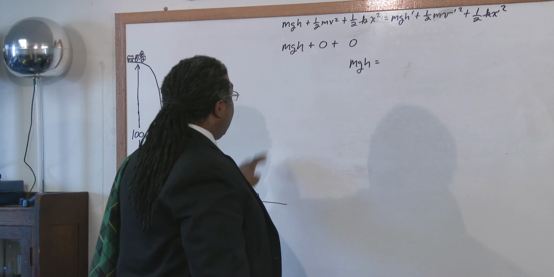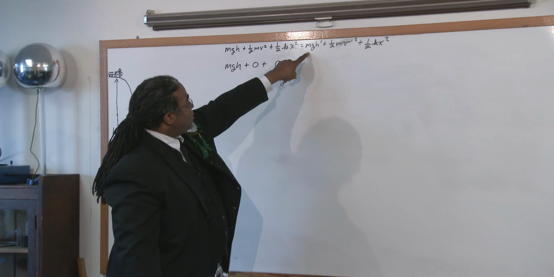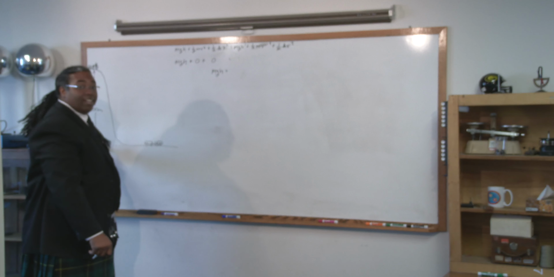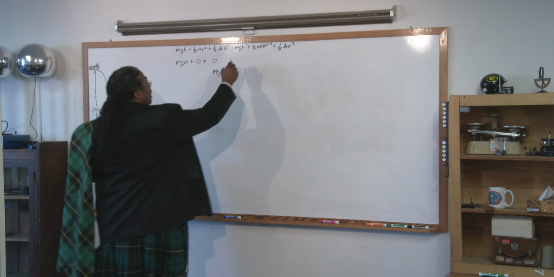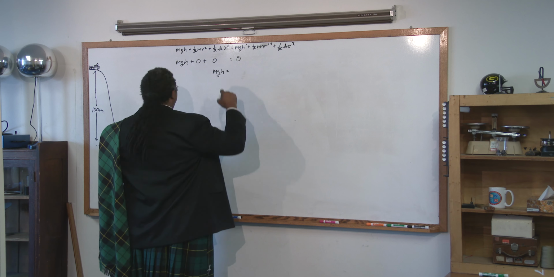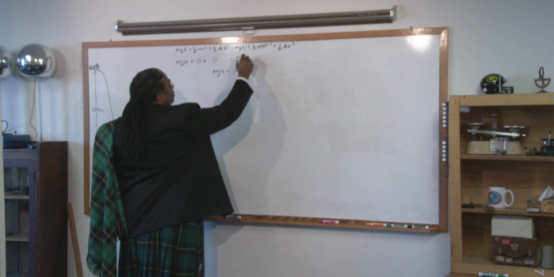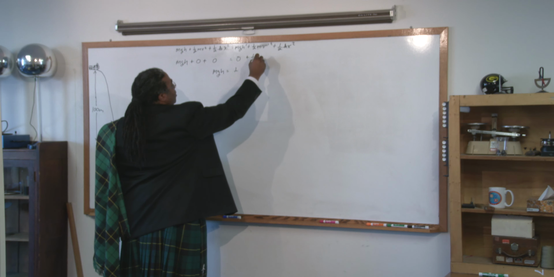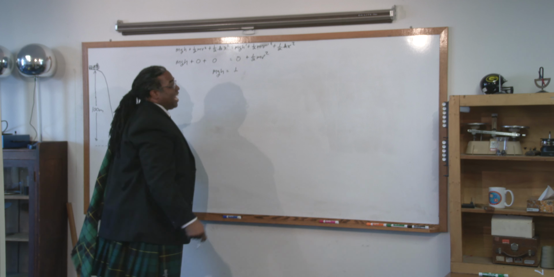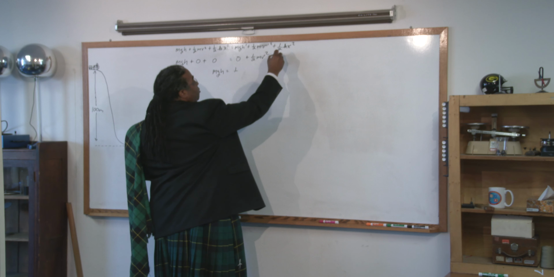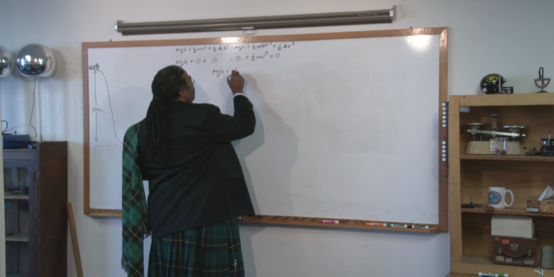So we can see that it has no potential energy because what is its h value when it's down here? It's 0. So it has no potential energy due to gravity, but it is moving. So it has 1/2 mv prime squared, and it's not in contact with a spring. So it has no potential energy due to a spring.